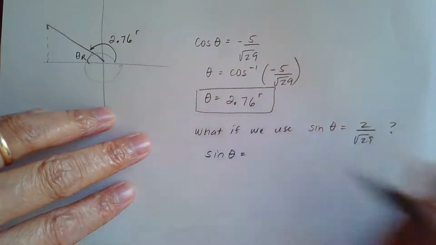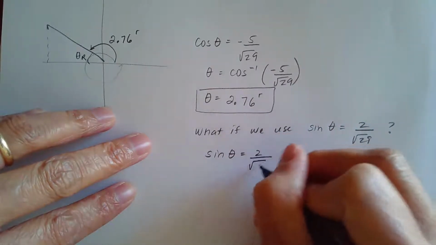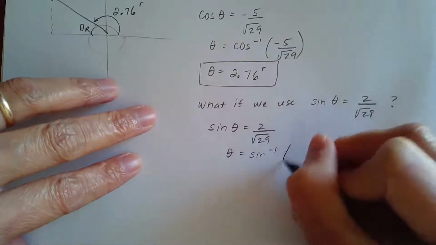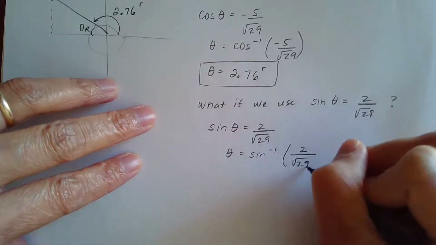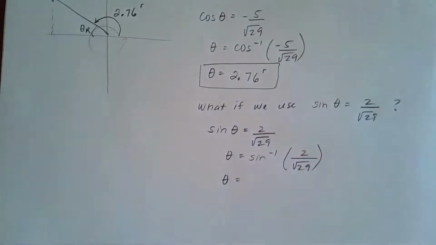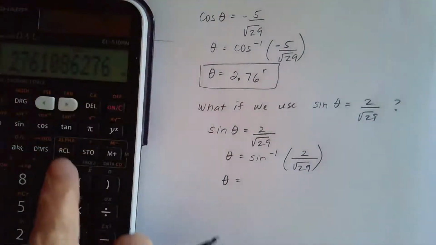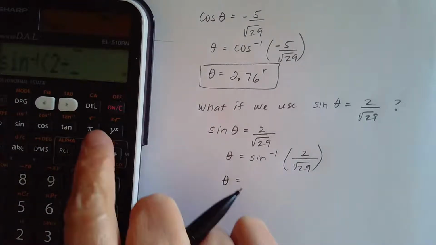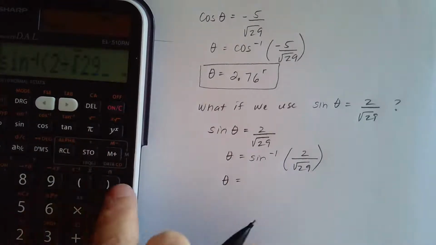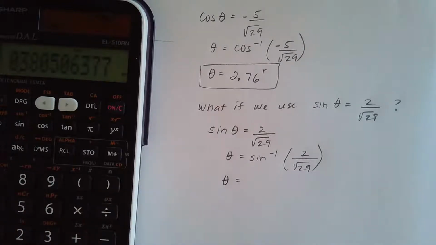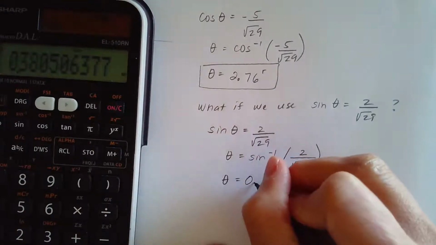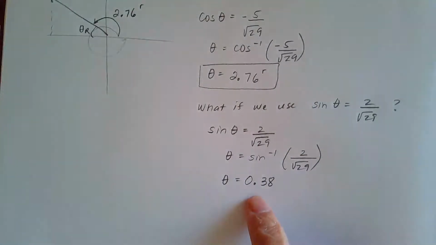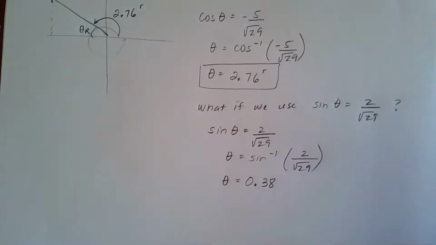Sine theta is equal to 2 over root of 29. So theta is equal to sine inverse of 2 over root of 29. And you'll find that we're going to get a different answer. So 0.38. And we're probably thinking, well, why are we getting two different answers?